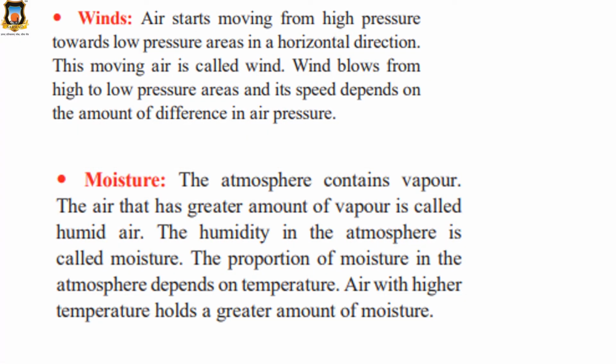After air pressure, the next element which we are going to see is winds. So what is wind? Air starts moving from high pressure towards the low pressure areas in horizontal direction. How does it move?